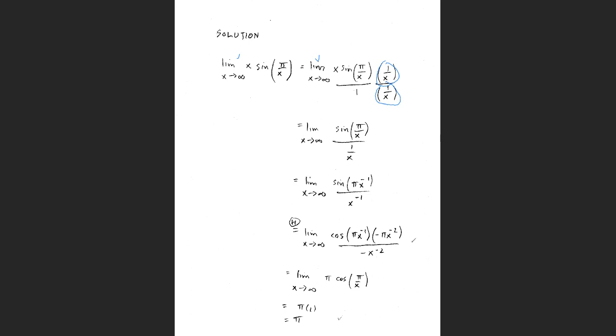Now watch what happens. This x will simplify with this x, and I'm left with the sine of pi over x in my numerator and 1 divided by x in my denominator. Are there any questions up to this point?